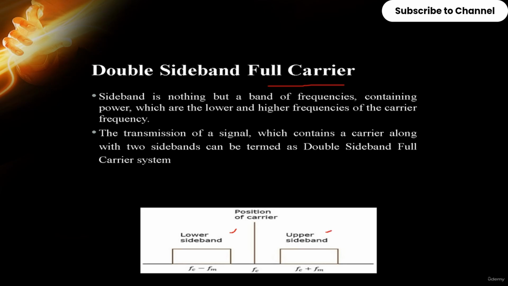The sidebands are band frequencies containing the power, lower and higher frequencies around the carrier frequency. The transmission of the signal contains these two sidebands, which are the double sidebands in carrier systems.